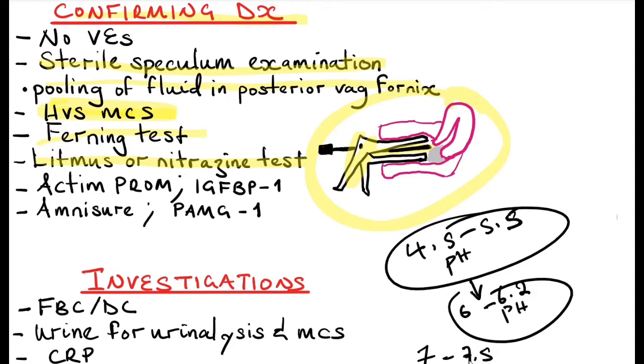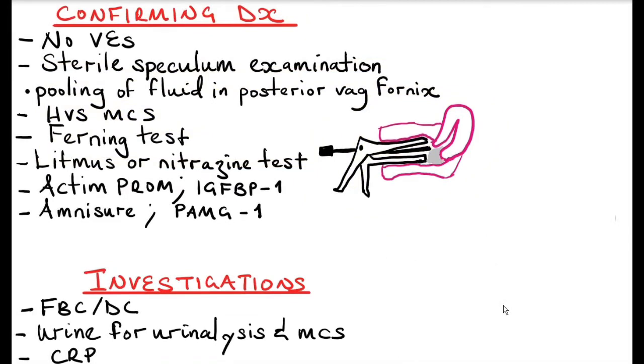So if the amniotic fluid reaches the vagina, it will bring the pH to about 6 to 6.2. So this is diagnostic of a PROM. And then the litmus paper or nitrazine paper turns from yellow to blue at a pH of 6 to 6.2.